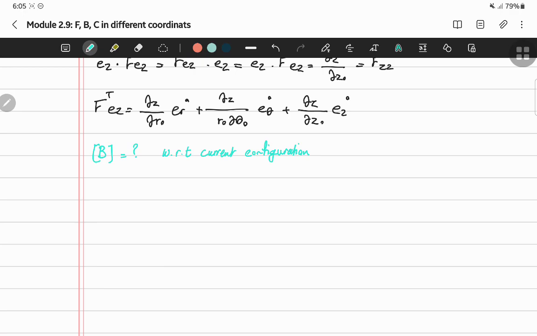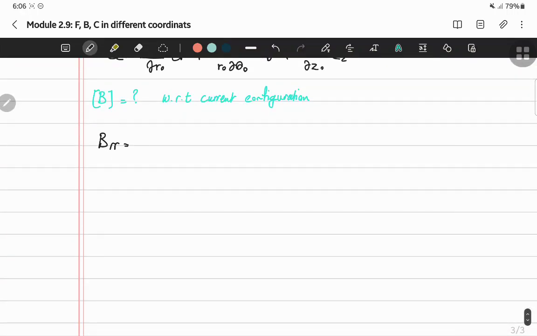It solved C for the reference configuration. So you can derive your desired equation based on different configurations. So we have B, and we, for example, want to find B R R, right?